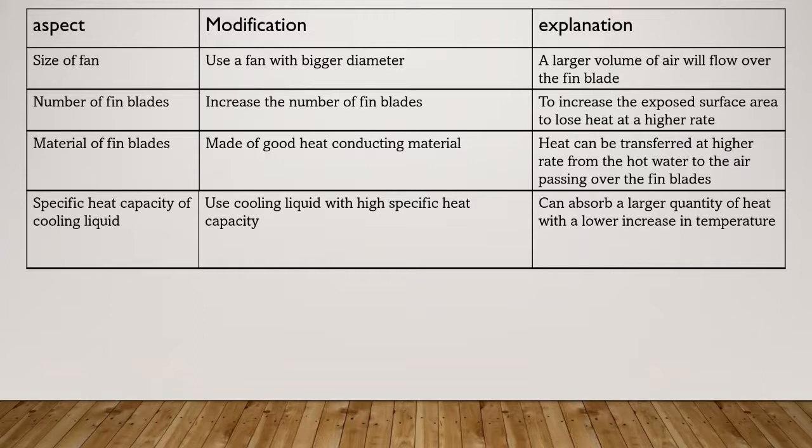Kenapa? Because this liquid can absorb a larger quantity of heat with a lower increase in temperature. Maksudnya apa? Cecair yang mempunyai muatan haba yang tinggi dapat menyerap kuantiti haba yang banyak dengan kenaikan suhu yang sedikit. Dia dapat serap haba yang banyak, tapi suhu dia naik sedikit sahaja.